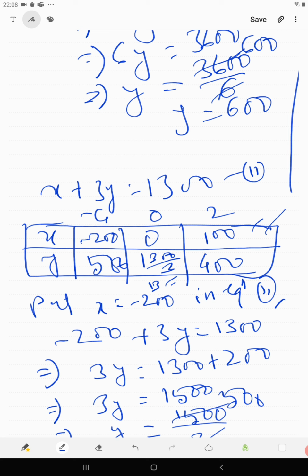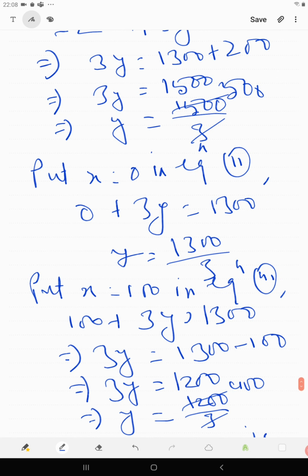Similarly, since 3 small units we take as 100, 500 will be equal to 15 small units. Then this one will be 12 units. So 12 smaller units will give you 400, 13 smaller units, 13 smaller squares.